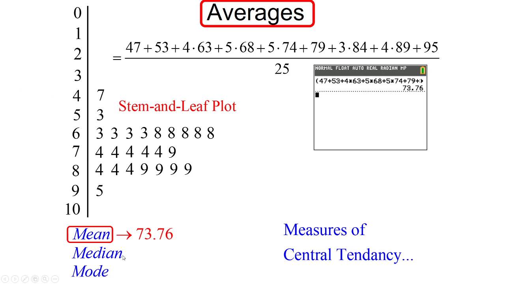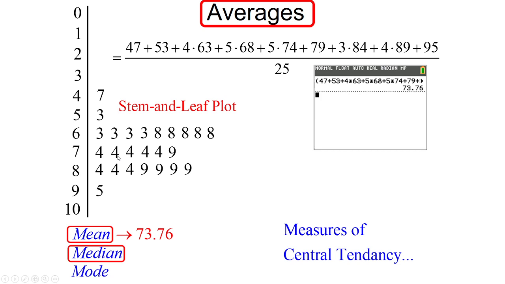Okay, now the median. With a stem and leaf plot, the median is very easy to find. It is the middle number. And since there are 25 scores here, all I have to do is count to the 13th score because that would be the middle score. So 1, 2, 3, 4, 5, 6, 7, 8, 9, 10, 11, 12.